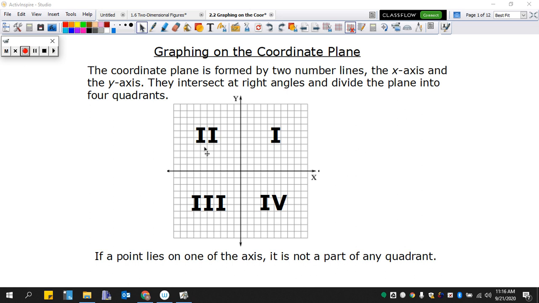In our previous lesson, we had looked at ordered pairs and how these ordered pairs can be solutions to an equation.